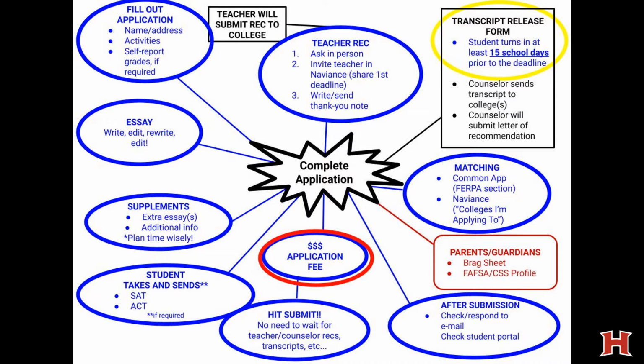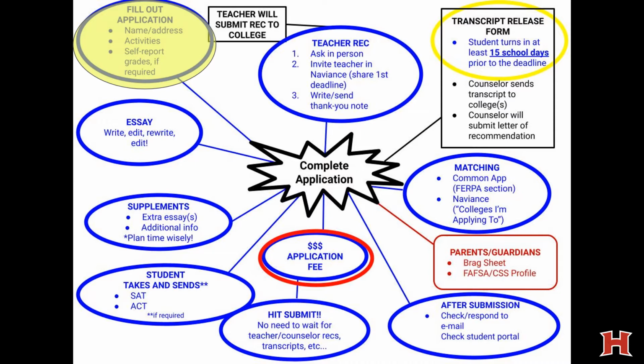Students will fill out their application with contact information, activities, and awards, and in some cases, they will be asked to self-report their grades rather than submit an official transcript from HHS. Some colleges will want this done directly in the Common App, typed in, or by uploading a JPEG or PDF, for instance, UMass and University of South Carolina, while other institutions like Penn State and University of Delaware will ask for self-reported grades in their own portal.